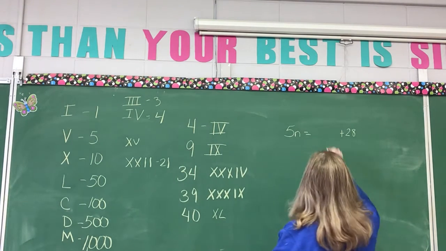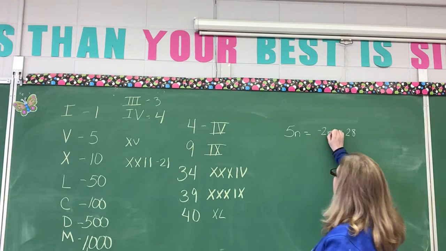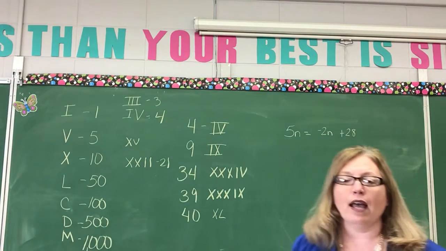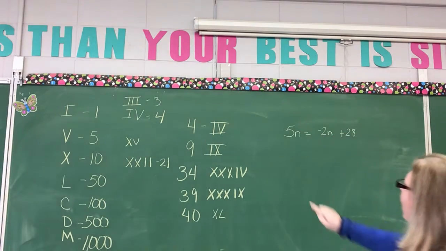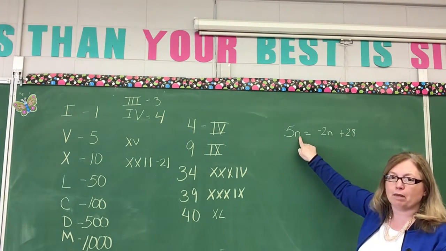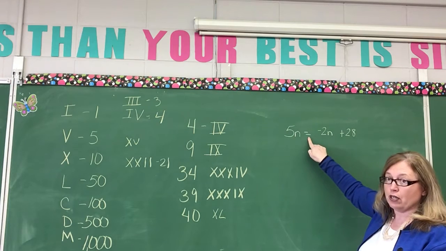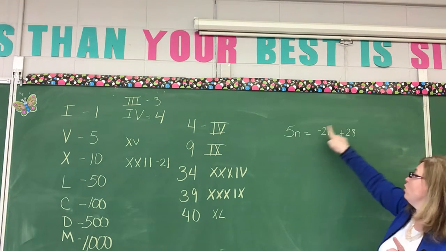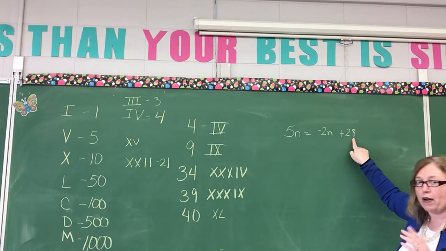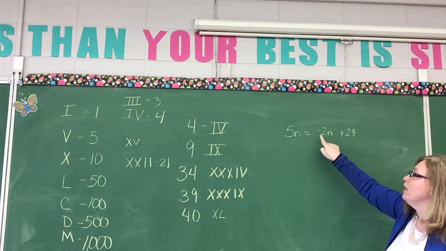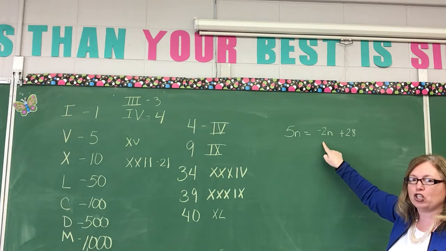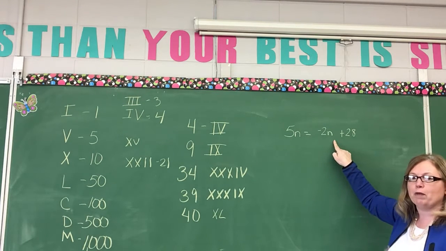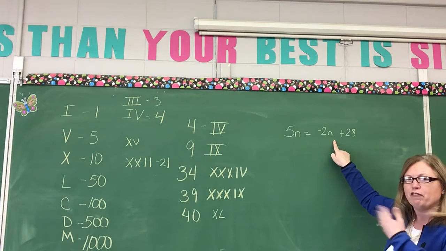If we have a -2 times n, and then we're going to add 28. So let's look at this. We have 5 times a number is 28 greater than, that's over here, it's greater than some number times -2. Now I wrote -2 in because normally we would put our number in front of our letter.